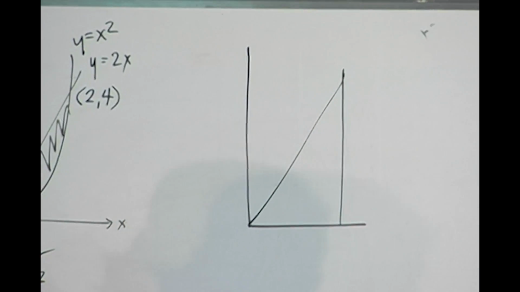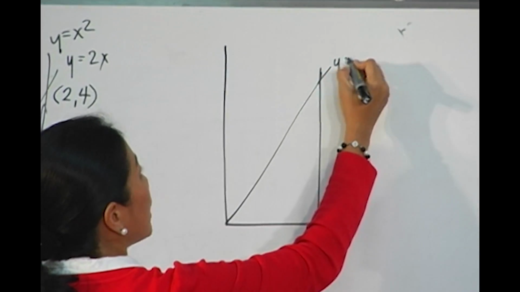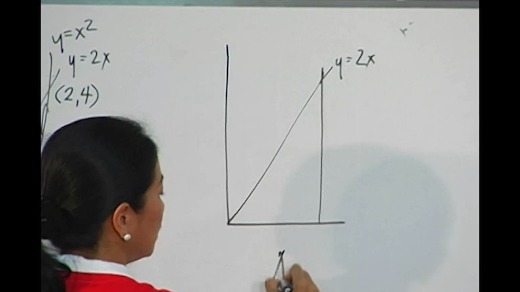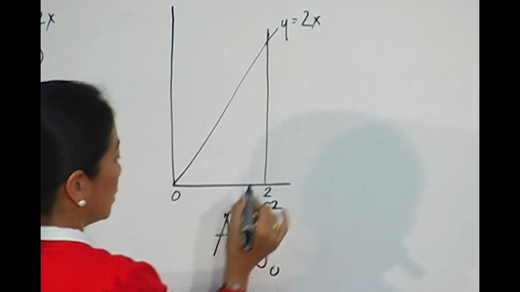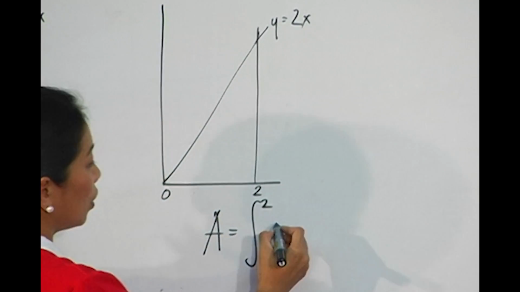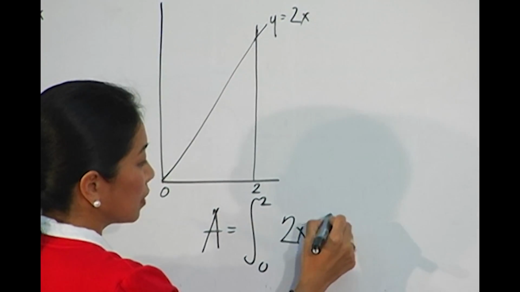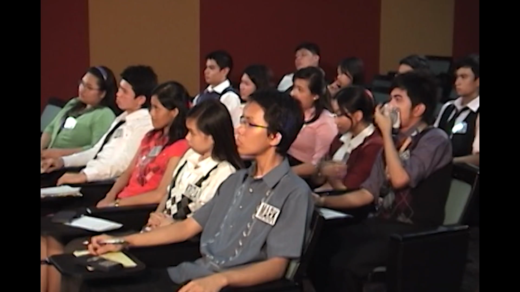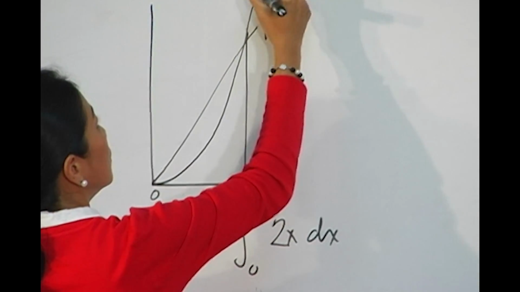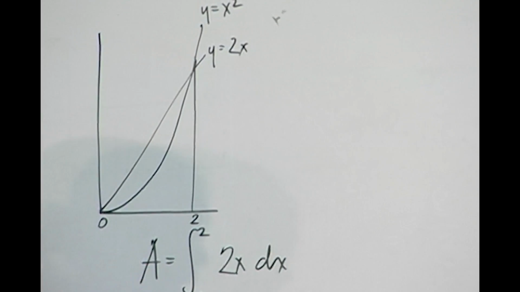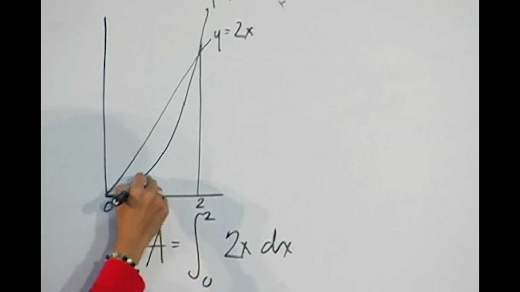We have this region, where if this is y equals 2x, area is the integral from 0 to 2 of 2x dx. And then we added a second one, y equals x squared.